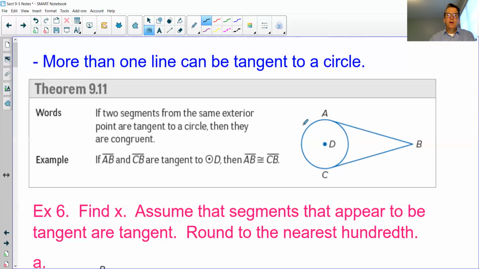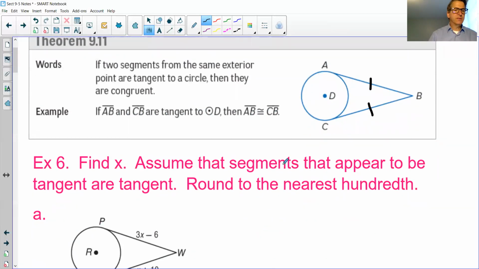Okay, so in this diagram, you've got your two tangents from the same exterior point. So AB is tangent to circle D, and CB is tangent. So if segments AB and CB are tangent to circle D, then we can conclude that this is congruent to this.